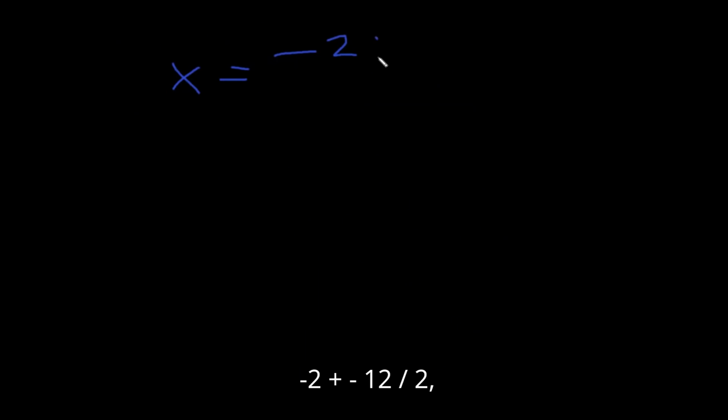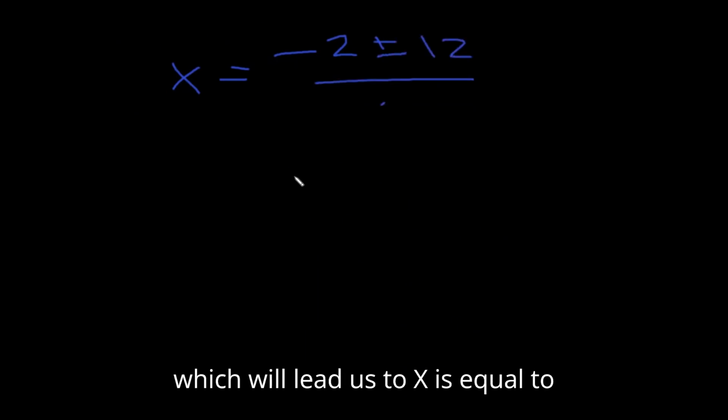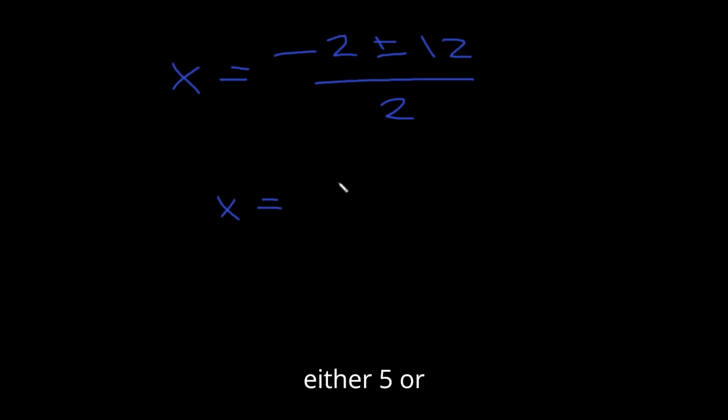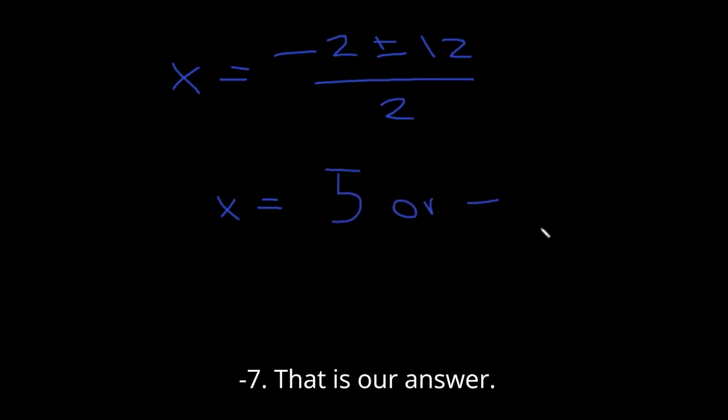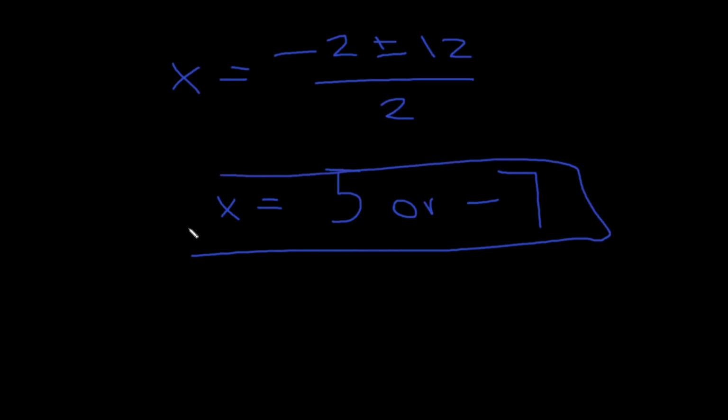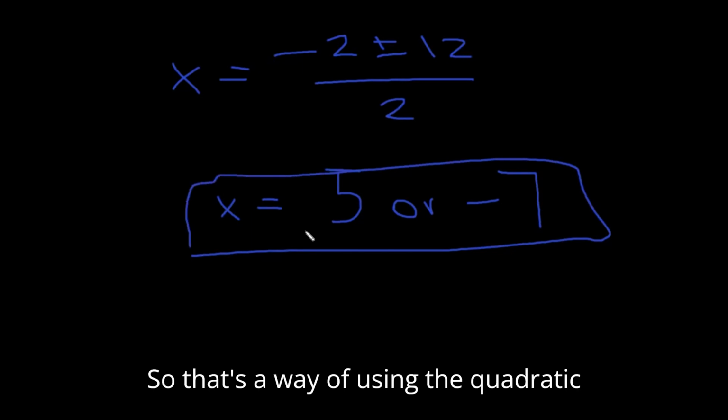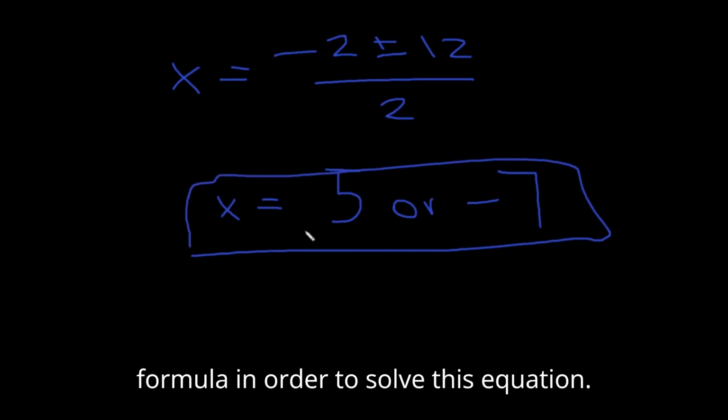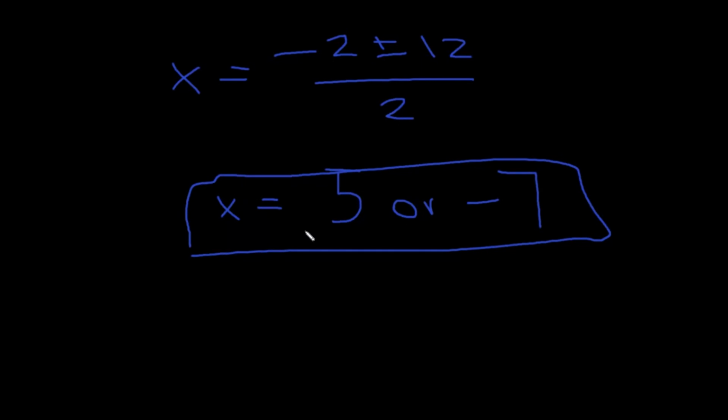And looking at this further, we get x is equal to negative 2 plus minus 12 over 2, which will lead us to x is equal to either 5 or negative 7. And that is our answer. So that's a way of using the quadratic formula in order to solve this equation.